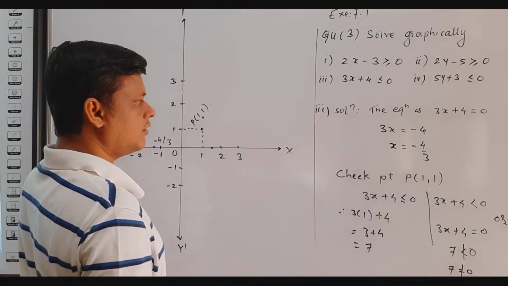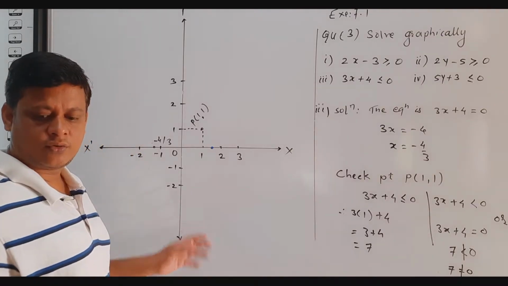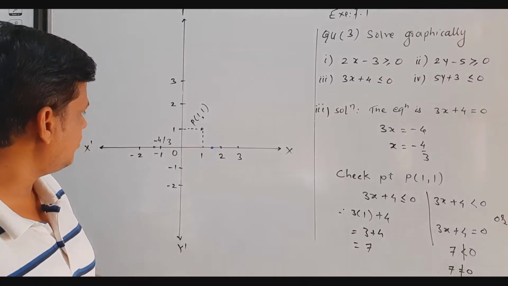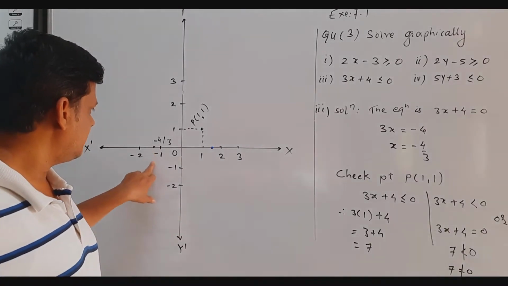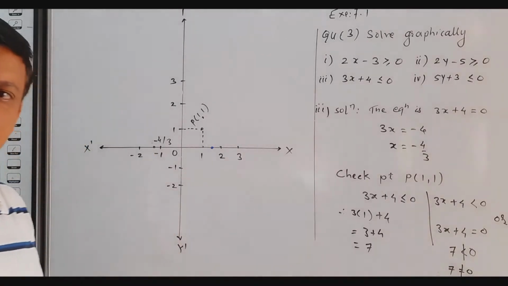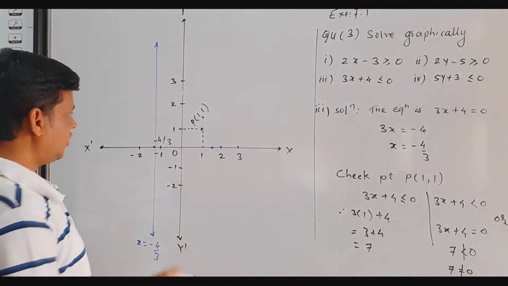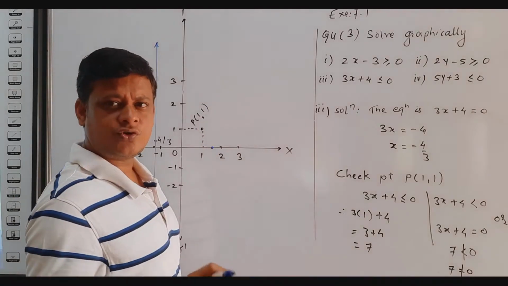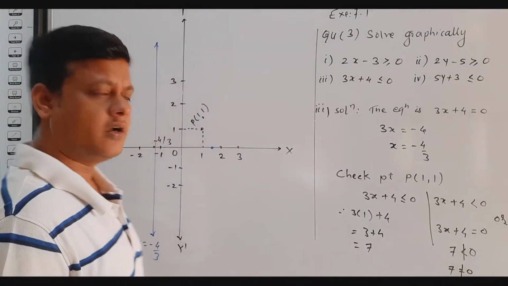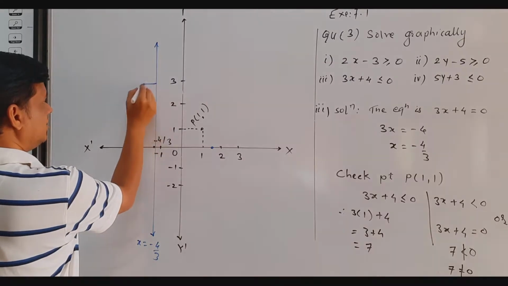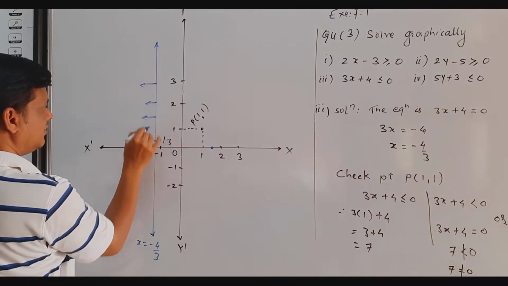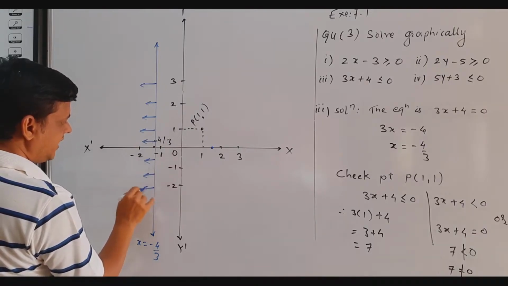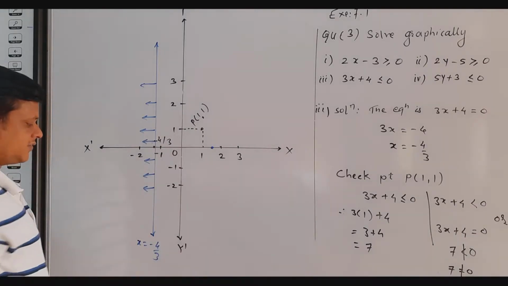So we have to take the marking opposite to that point. So first we draw a line passing through this point minus 4 by 3, 0. Now this point P(1, 1) is not included in the solution region. So we mark here the left side of this line x equals minus 4 by 3.